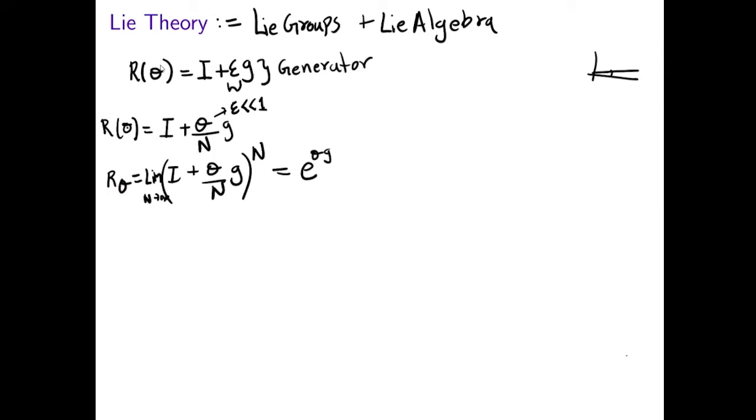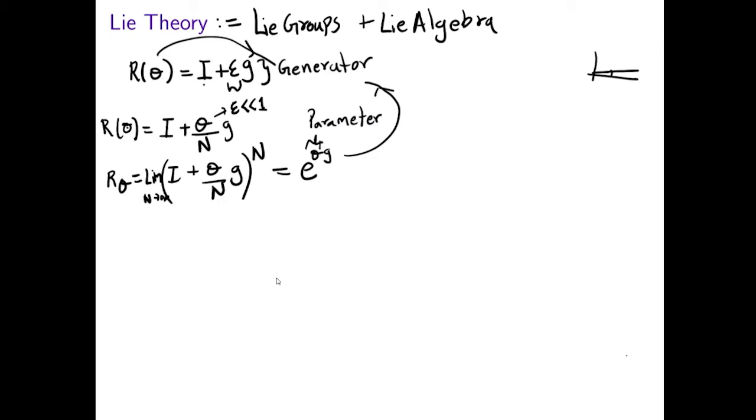And why is it called a generator? Because I can break this transformation up into identity plus a very small coefficient and this generator matrix. And essentially any transformation can be broken up as e to the power theta g, where theta is the input parameter and g is my generator.